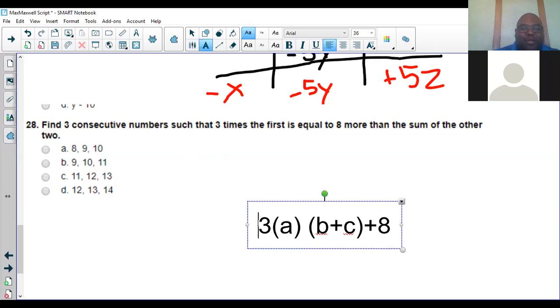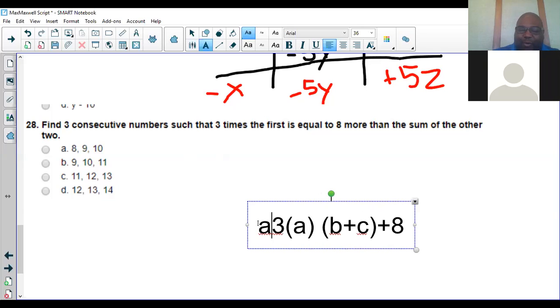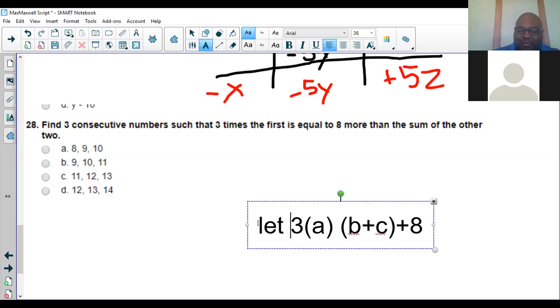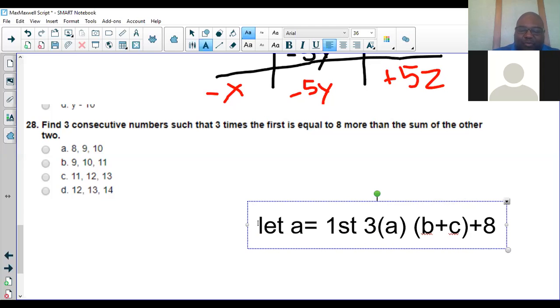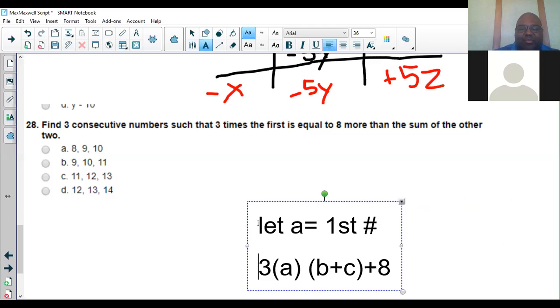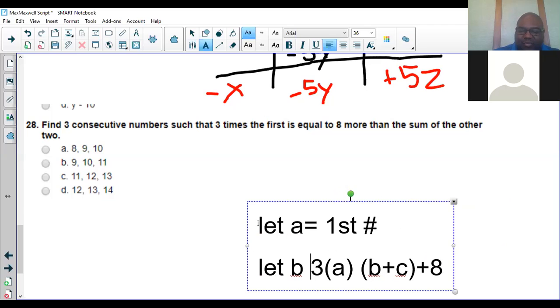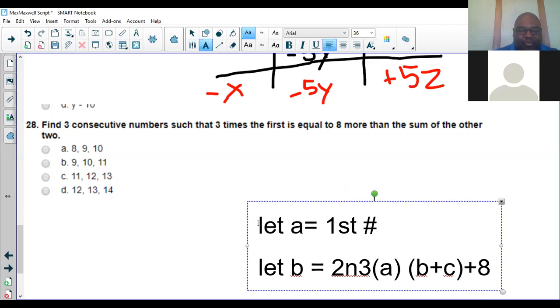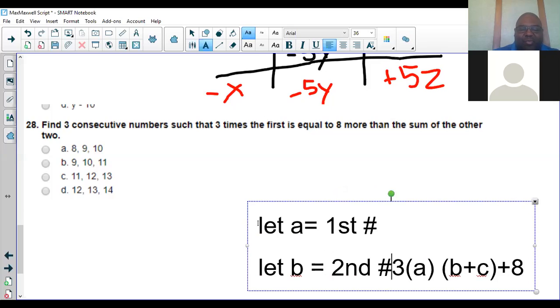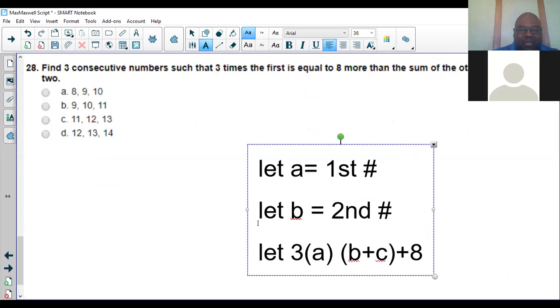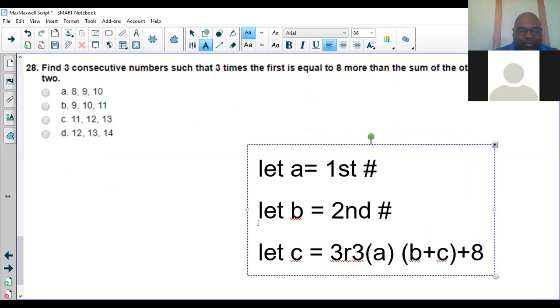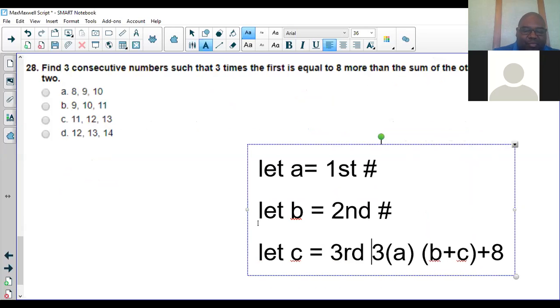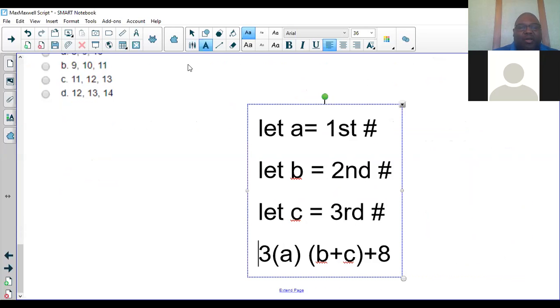Okay, so let's define these terms. We're going to let A be the first number, B equal the second number, and C equal the third number.